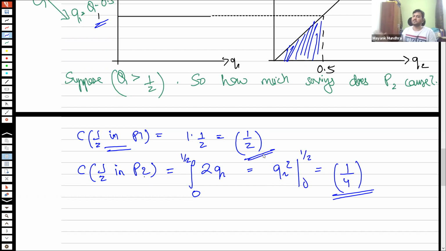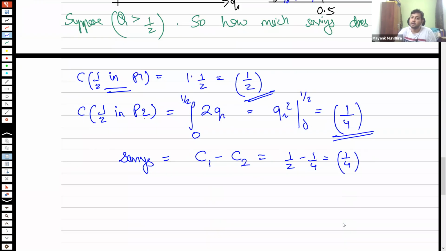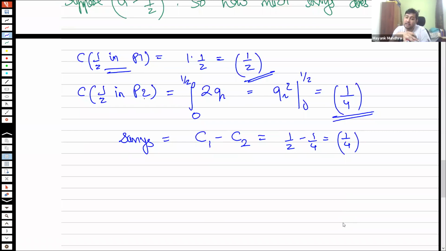If you were to shift this entire production to plant 1, it would cost you 1 by 2. So savings equals cost in plant 1 to produce this half unit minus cost in plant 2, which is basically half minus 1 by 4 equals 1 by 4. This is the maximum savings that you incur by producing this half unit in plant 2.